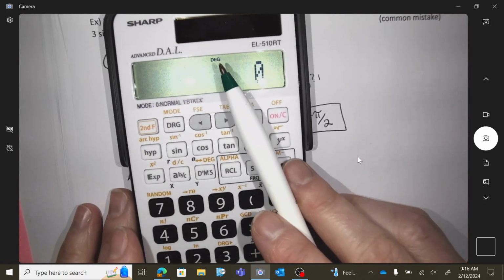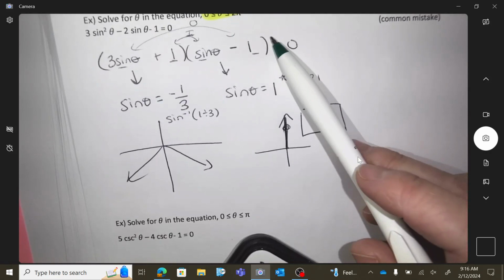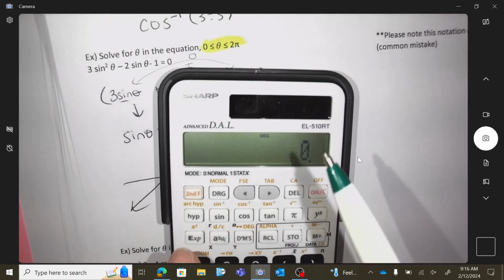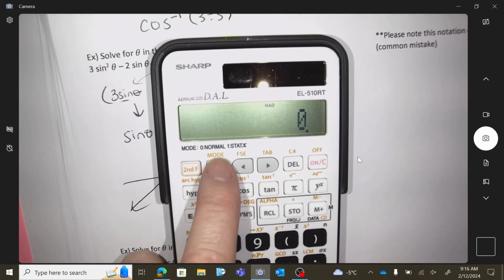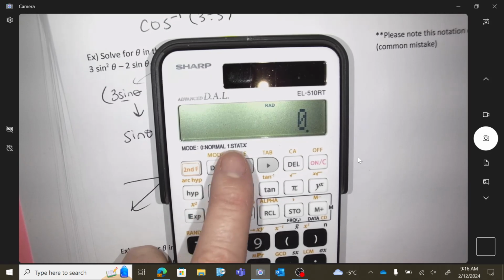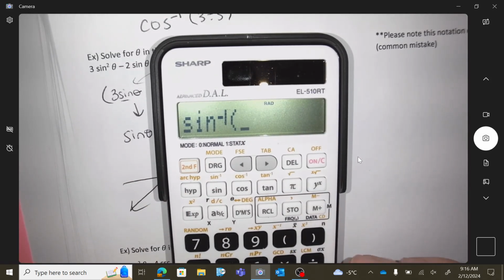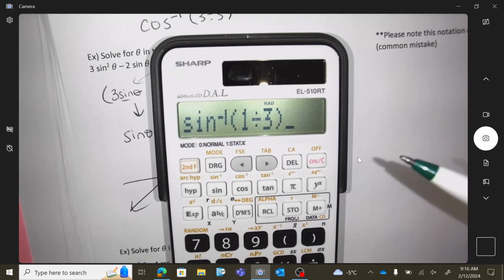But here's something new. I need you all to do this. Do you see how the top says degrees? This time I don't want to be in degrees. I want to be answering in radians. So I'm going to change mine. Mine's this mode button. And you can see how now it'll say rad at the top. Wave at me if you can't find that button that changes your calculator at the top.